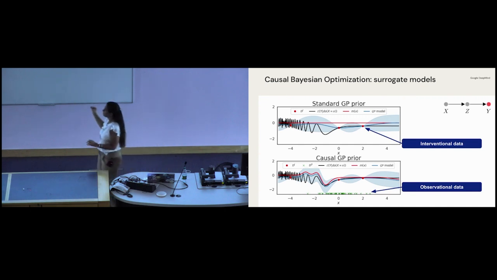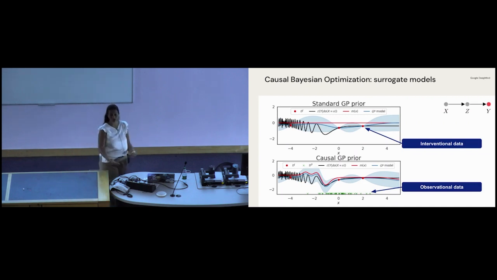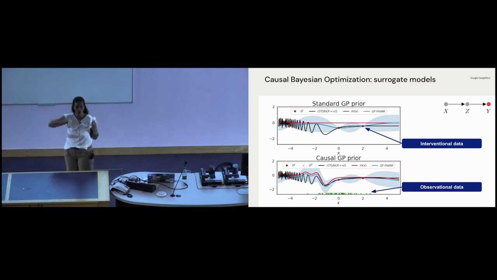Actually, I should say that the x-axis is the domain that we saw, D of x, that I'm allowed to set the values of z to. So the problem here with the first plot is that between -2 and 0, I don't know how the function behaves. According to my model there, I would estimate that the minimum is at 0, and I would go ahead with an intervention on z at level 0.